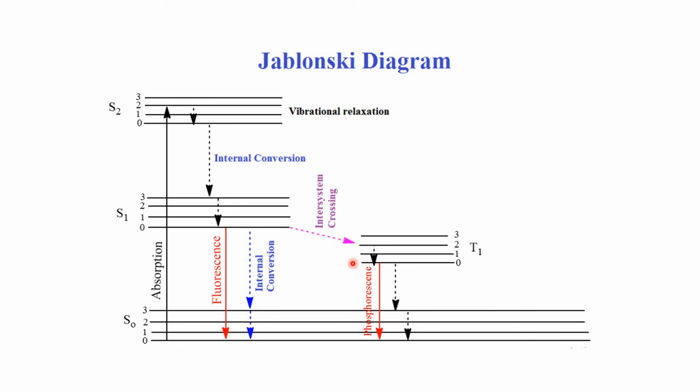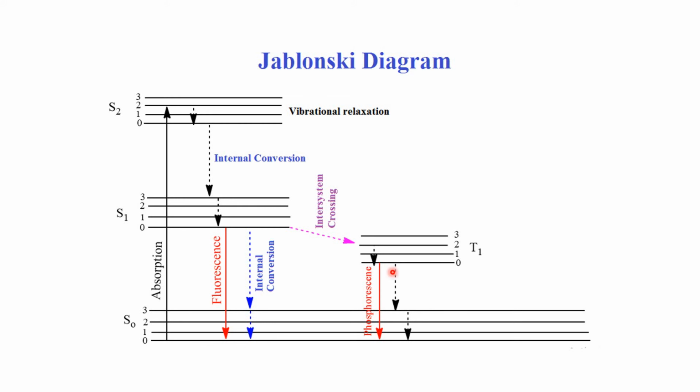Then, when the electron from some higher vibrational level of triplet state, say from T1, comes to the 0 vibrational level of T1, then energy is released in the form of heat, that is vibrational relaxation.